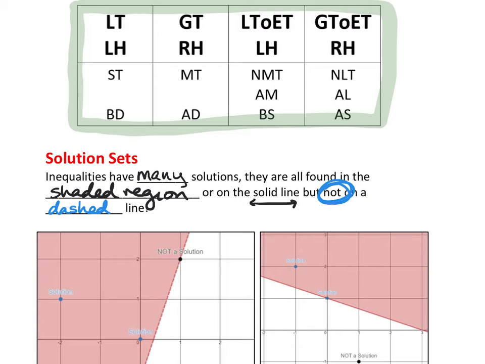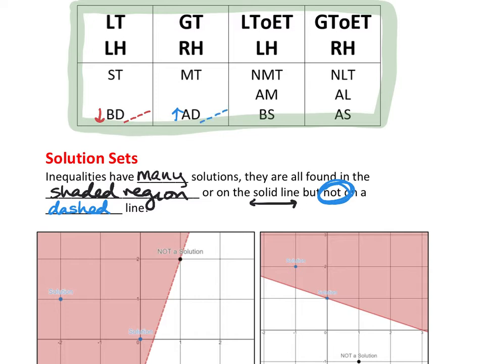If you look back up at the chart, we have all of the last letters up there. If you look at less than, it says BD. That stands for below and dashed. So less than is going to have a dashed boundary line and be shaded below the line. AD stands for above and dashed.